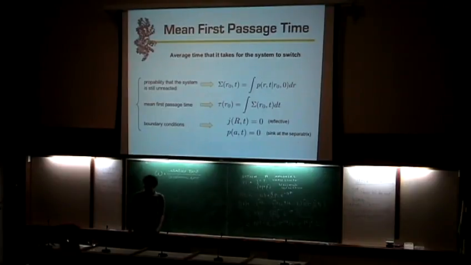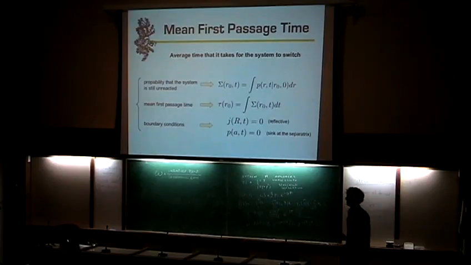Now, another thing is mean first passage time, which is what you use to calculate how stable these two peaks are. So, how long does it take for you to jump from one peak to the other?